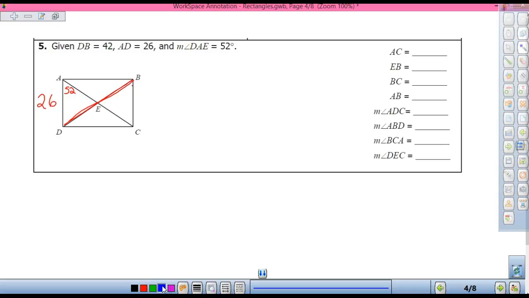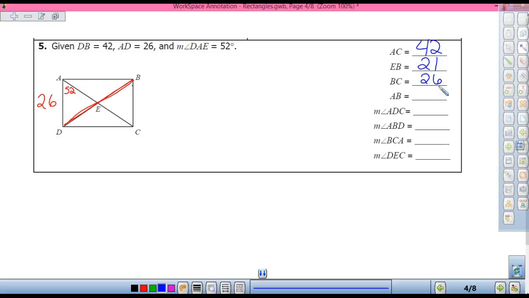Alright, so AC is 42, what? Diagonals are congruent. EB then has to be y. Diagonals bisect each other. BC, y. Opposite sides are congruent.